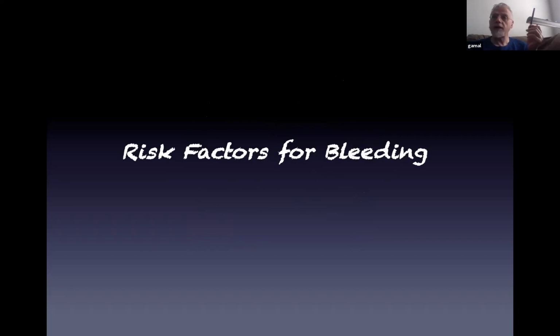What risk factors do we have for bleeding so I can counsel the patient? We'll go back to Muhammad here and ask him, what do you think are the risk factors? Do you have certain specific risk factors for bleeding after colonoscopy? I can categorize them on two bases: systemic causes and local causes.